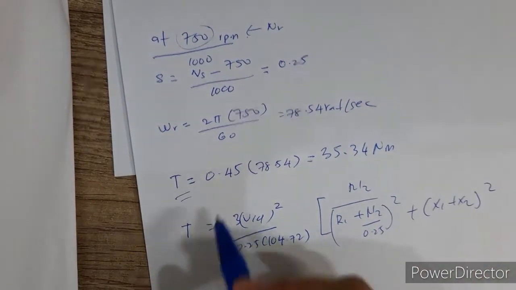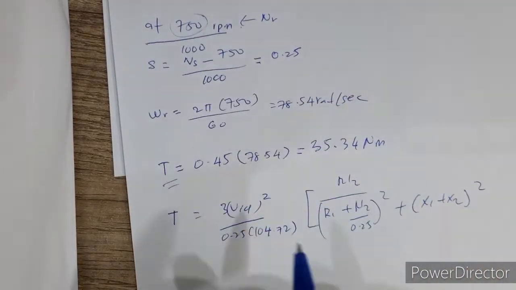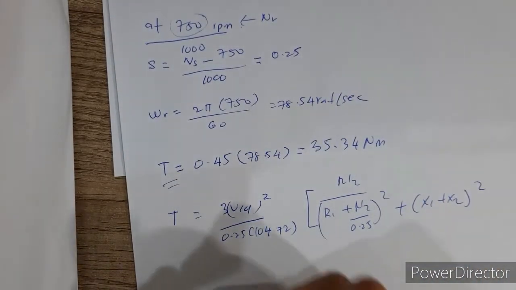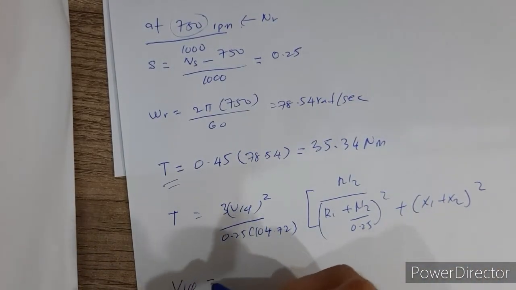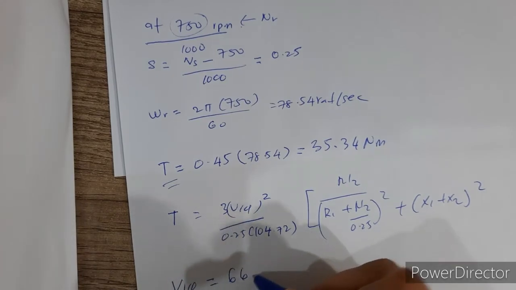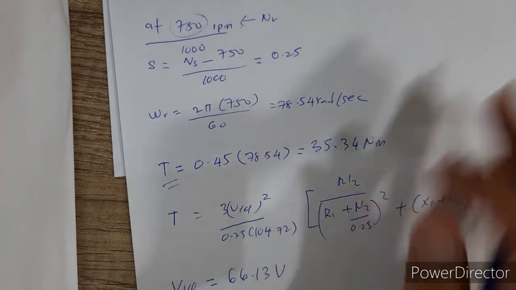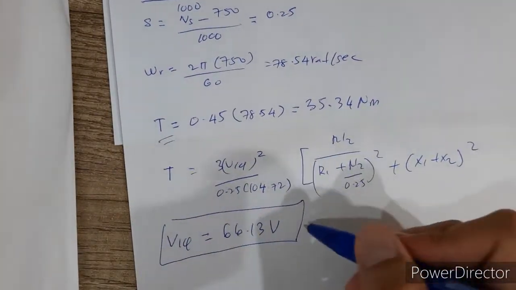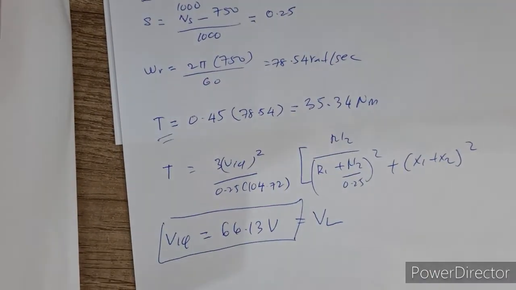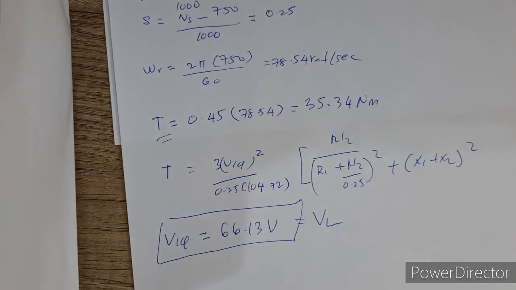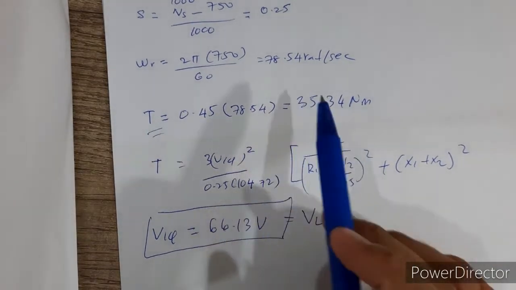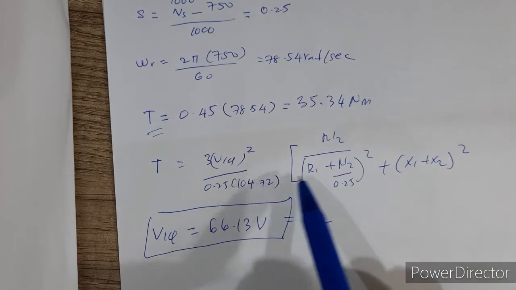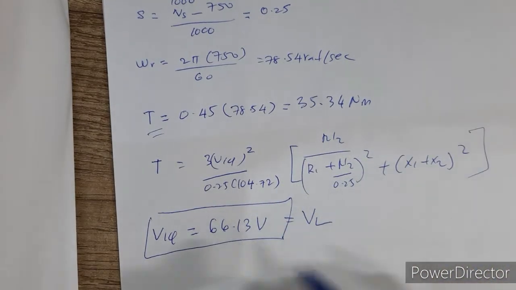From this equation we can determine V phase. The answer is V phase equals 66.113 volt. Because this is a delta connected system, V phase equals V line. You can use a calculator to determine the value.